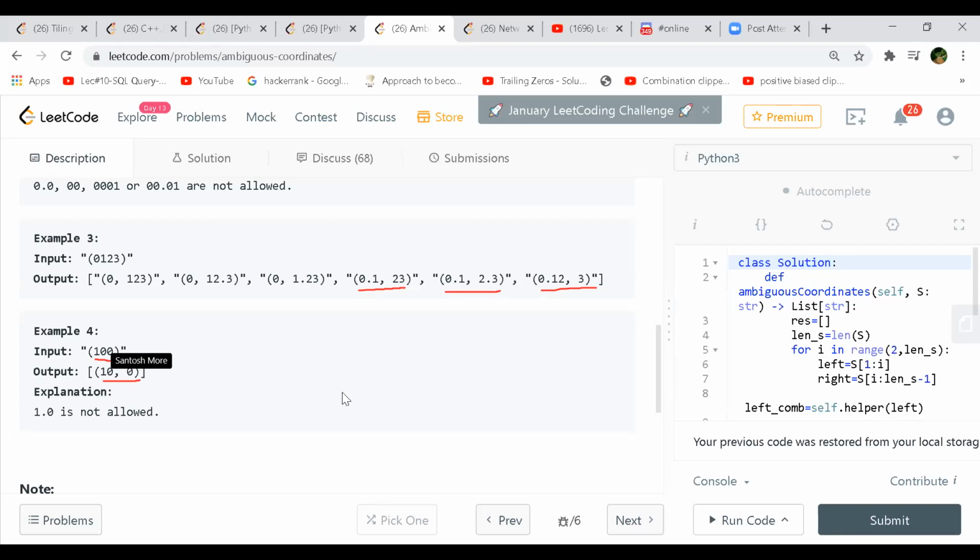Even 1 and two zeros is not possible, because you can have a single zero, but not two zeros. So those are the corner cases which are very important, correct? Yeah.